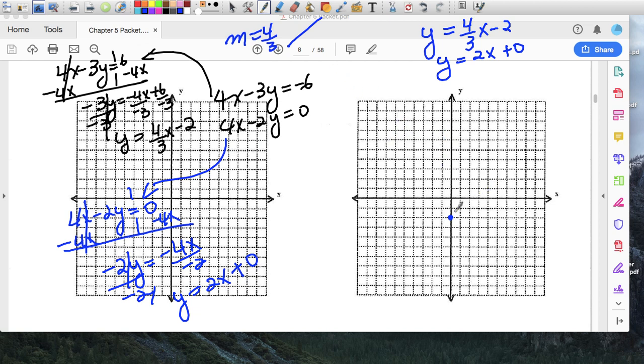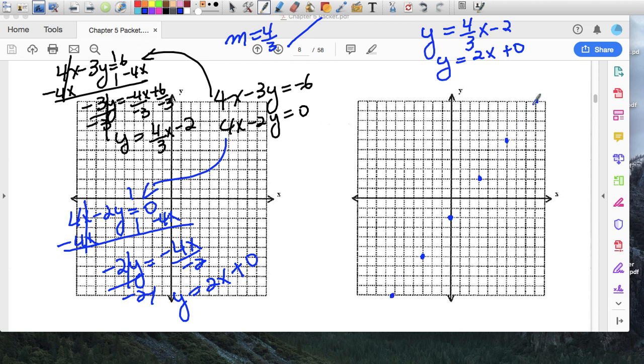So it's 4 up, 3 to the right. 1, 2, 3, 4, and 3 to the right. Likewise, again and again. If I wanted to put points on the other side, I would actually have to do the reverse.